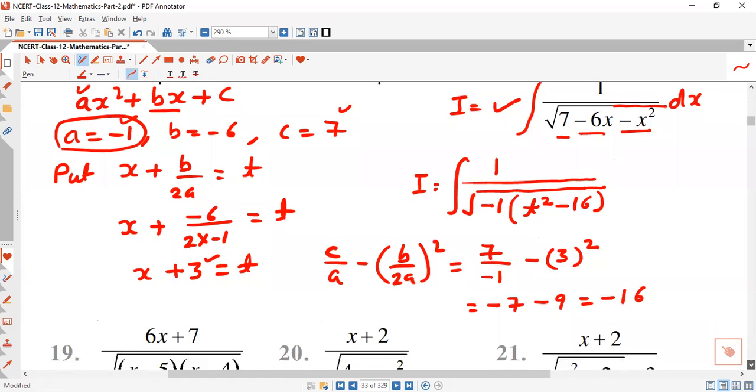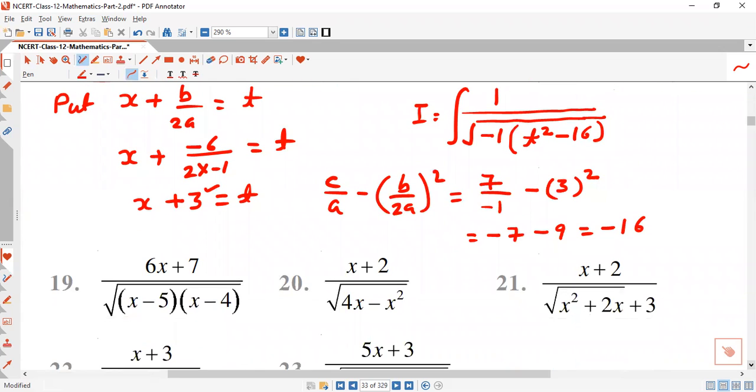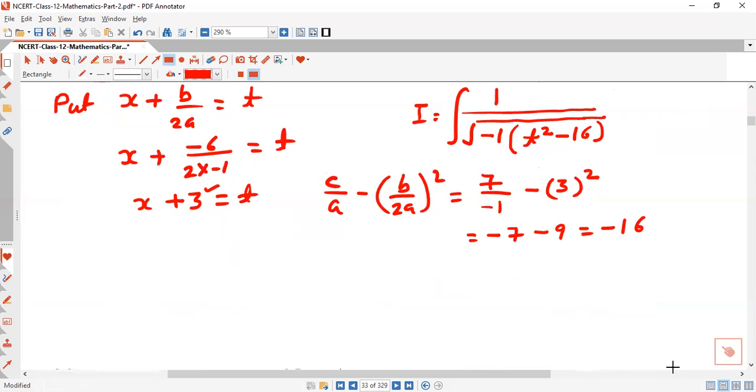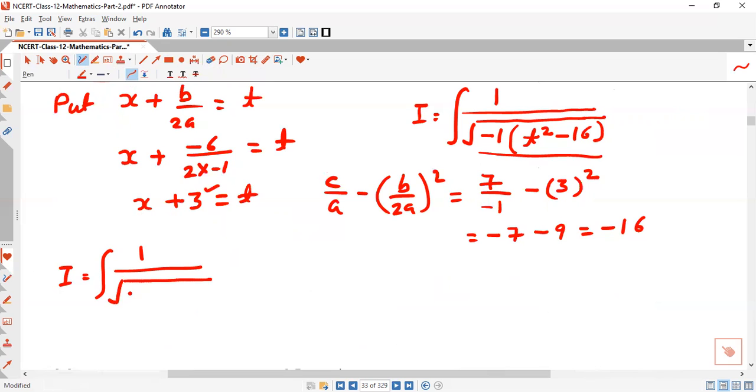So this integration becomes the integration of 1 upon under root of minus 1 times the bracket. If the bracket is opened, minus 1 goes inside, and we write under root of 16 minus t square, and we have a dt also.